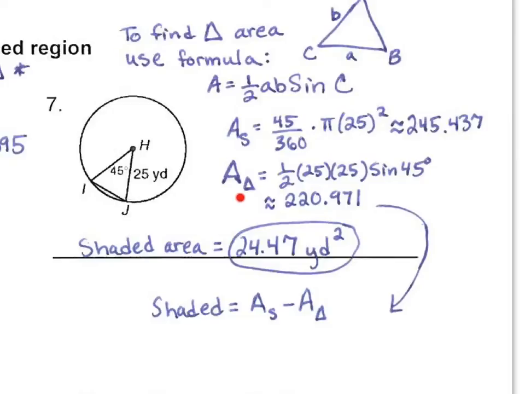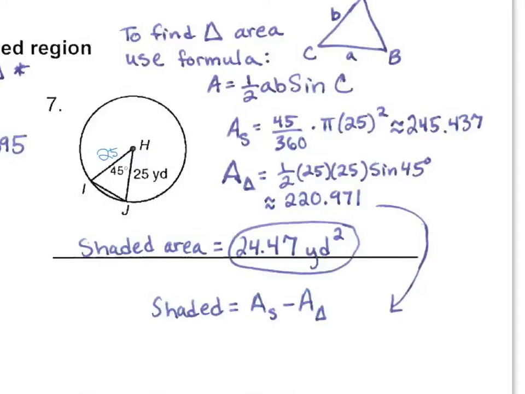And then for the area of the triangle, we're using this new formula, 1/2 AB sine C. Again, if it helps you, notice that the two sides that are including that 45-degree angle are both the same because they're both the radius of the circle. So we have 25 times 25, and then the sine of 45 is my included angle, the measure of that sector angle again.